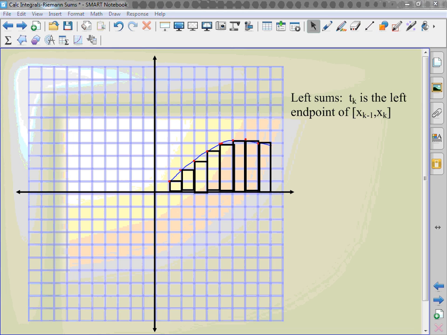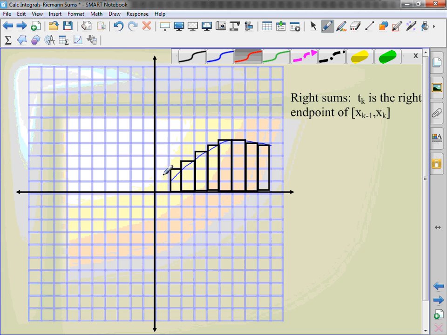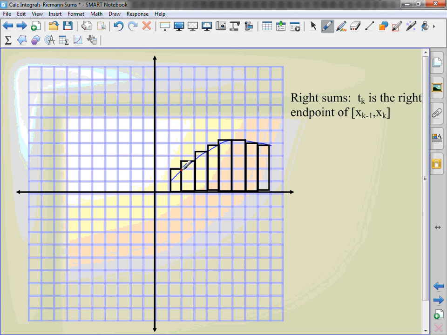That's my left sums. The next one is going to be my right sums. All the right sums means is instead of starting on the left point here, I'm going to start on the right point. Do you see the difference?